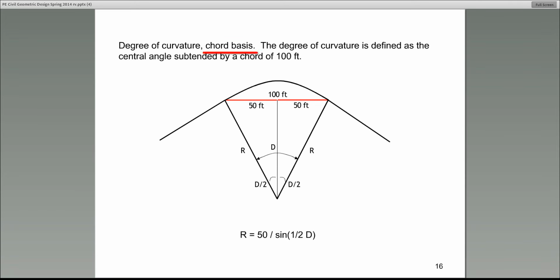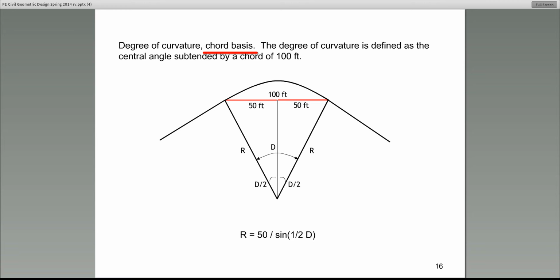And someone else, I don't remember the name, someone else earlier asked, what is the difference between the chord basis and the arc basis? I'm answering that question now. All right? So two things. This slide is very important. It answers two things. First, what is the degree of curvature? And what's the difference between the chord basis and the arc basis? So please pay attention, because I know this is a question that many of you have.